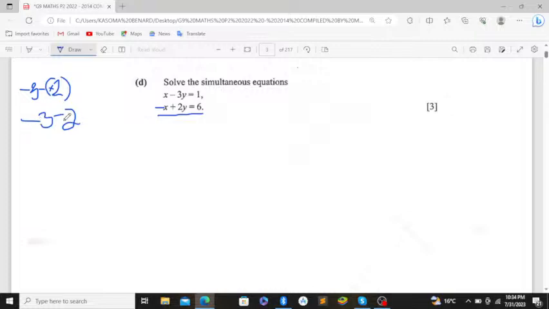Since all of them are negatives, we maintain the negative, and then we say 3 plus 2 will give us 5. So we're going to have negative 5. If you want to do this in an exam, you can do it like I've done here on this other side.